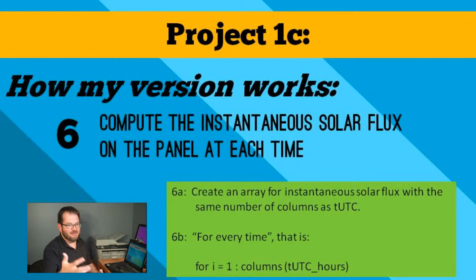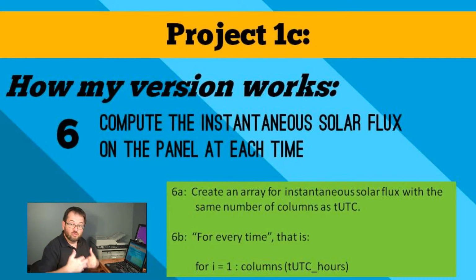What I usually do is just say instantaneous solar flux is equal to time UTC. That forces Octave to create an array with the same number of rows and columns. I don't care what the values are, because I'm going to clobber every one of them and replace them with a flux that I'm computing.